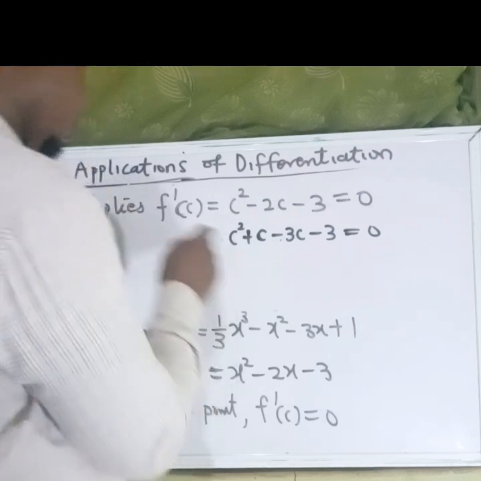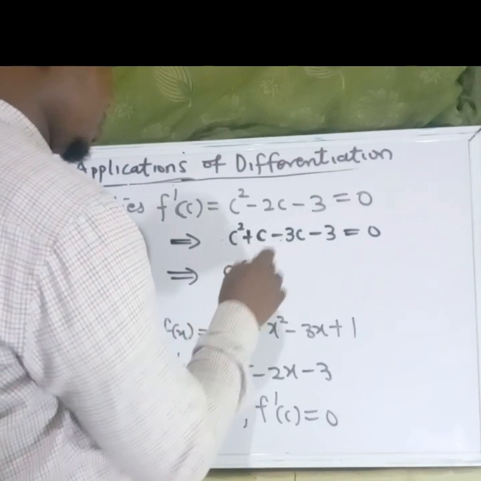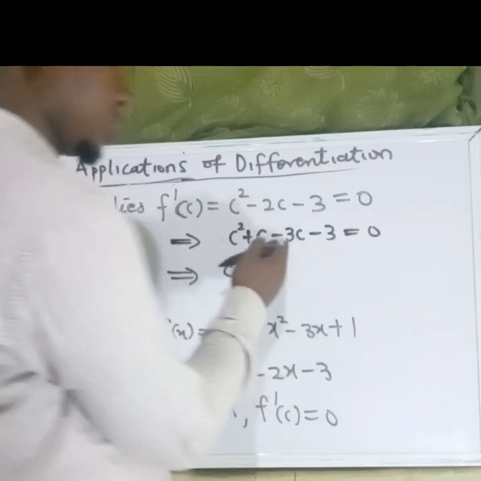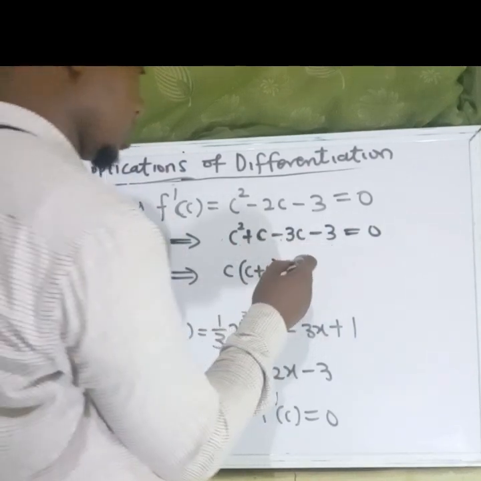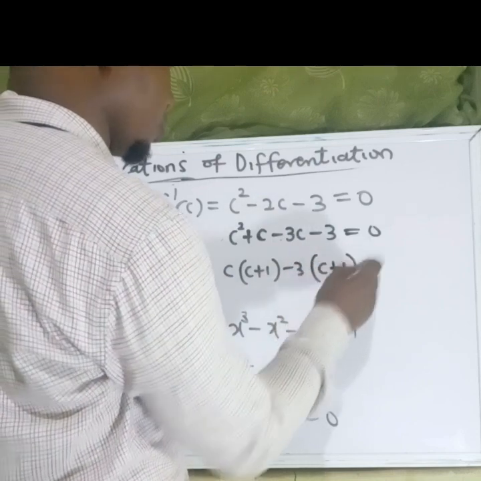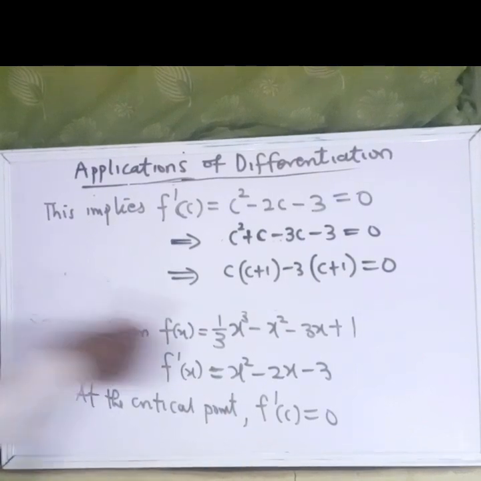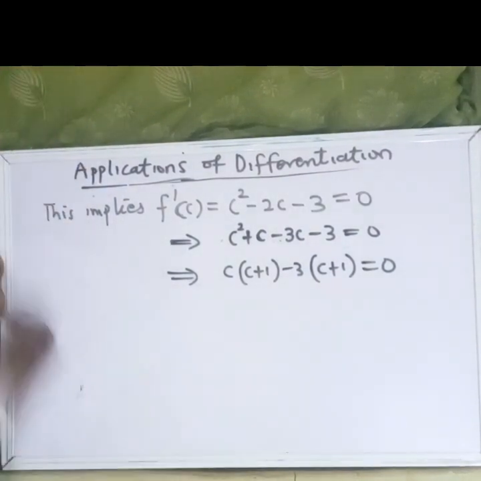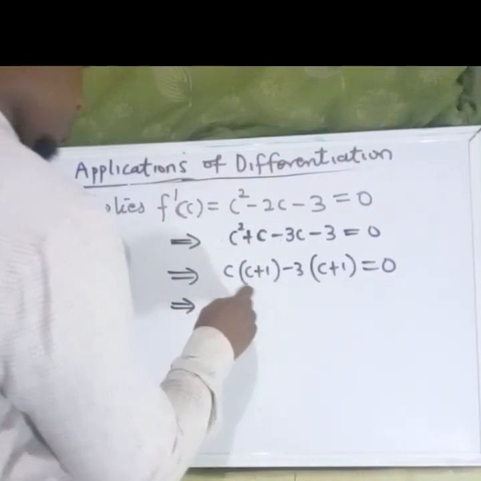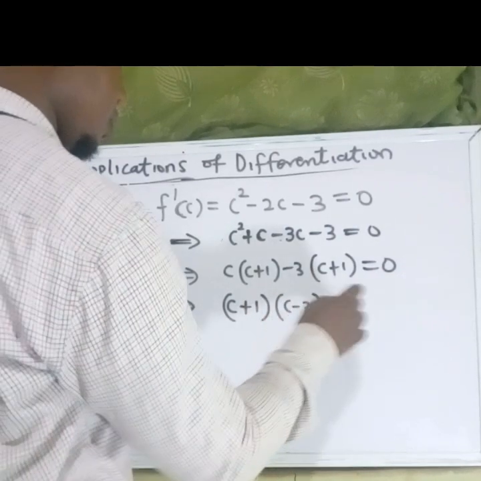Okay, and this implies c into c plus 1; we'll group this into 2, and here negative 3 is common, and that will be negative 3 into c plus 1 equals 0. Again, c plus 1 is common here, so this becomes c plus 1 into c minus 3 equals 0.